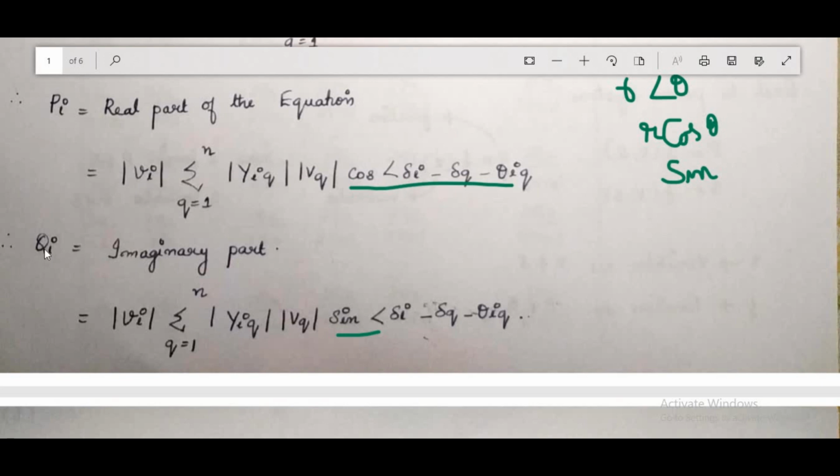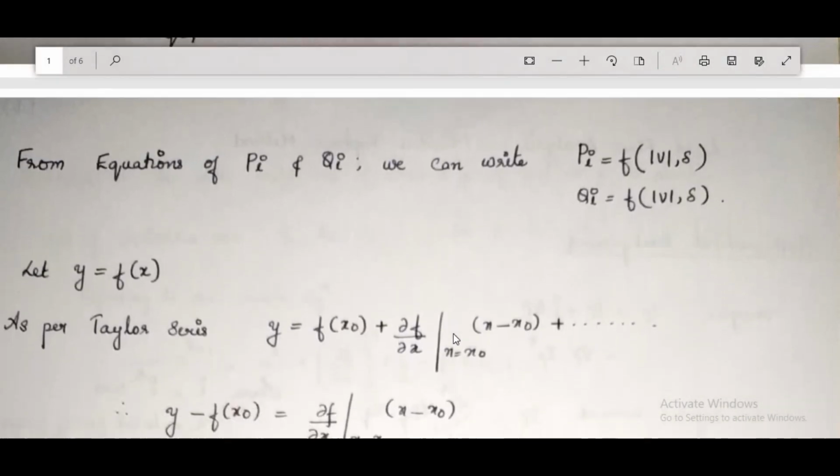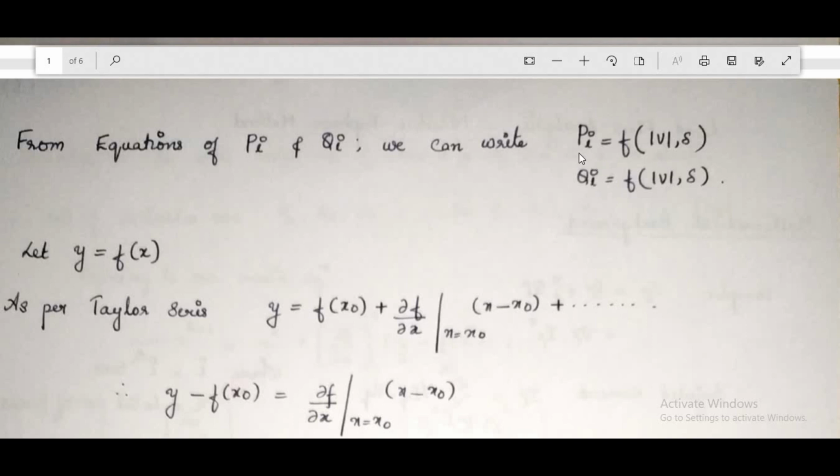Your reactive power is also a function of the magnitude of the voltage and its angle. So you can write that your active power Pi is a function of the magnitude of the voltage and its angle delta. Similarly, reactive power is a function of the magnitude of the voltage and its angle delta. So far is the concept of power system.